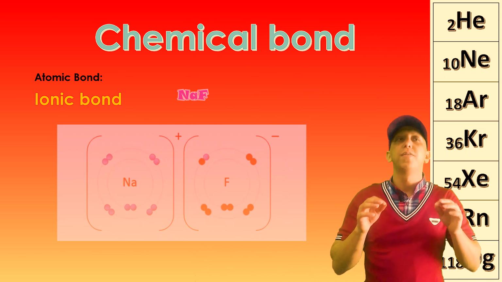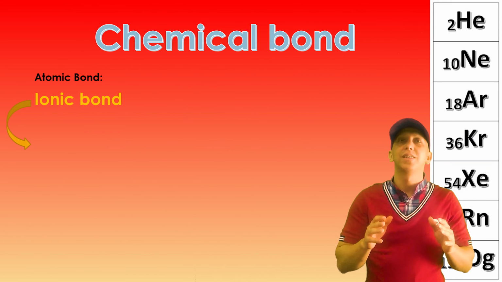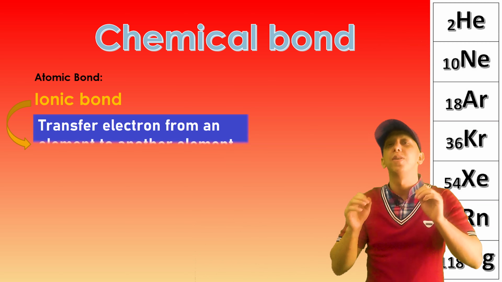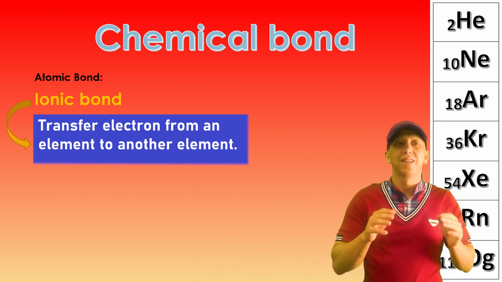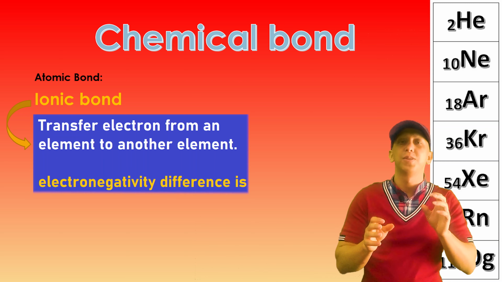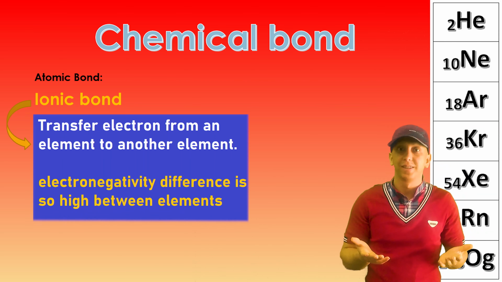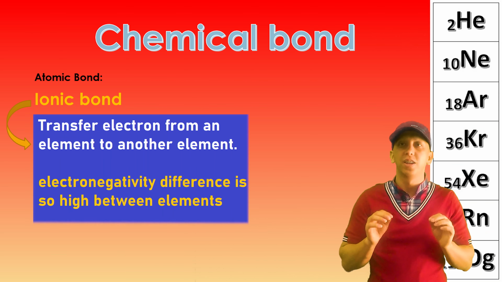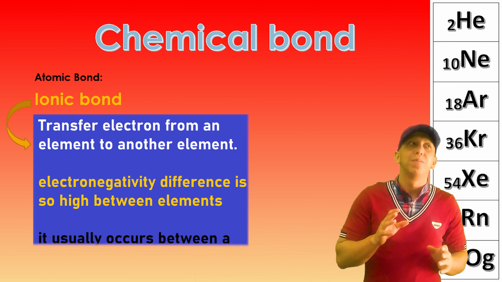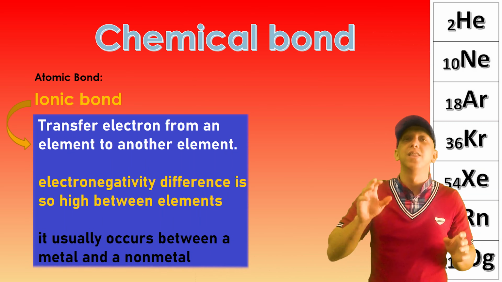So here we find that in ionic bond, electron transfers from one element to another element, and the electronegativity difference between these two elements is so great. And another thing is that ionic bond usually occurs between a metal and non-metal.